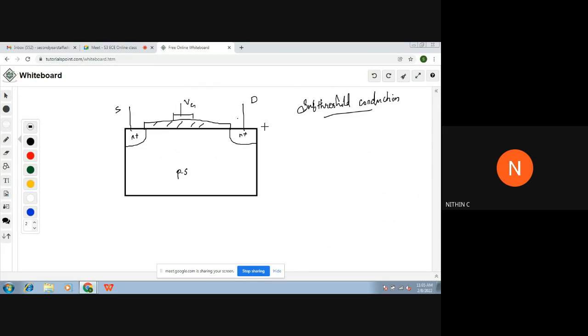I hope you remember the figure where we have drawn the transfer characteristics. Please check the transfer characteristics figure that we have drawn. Transfer characteristics means a graph between which values?